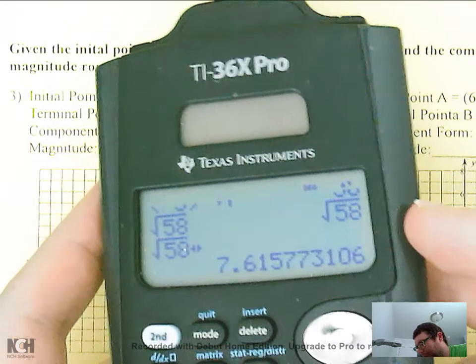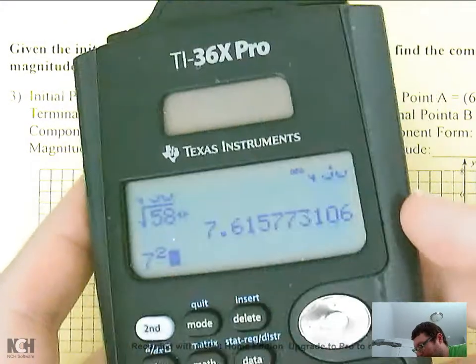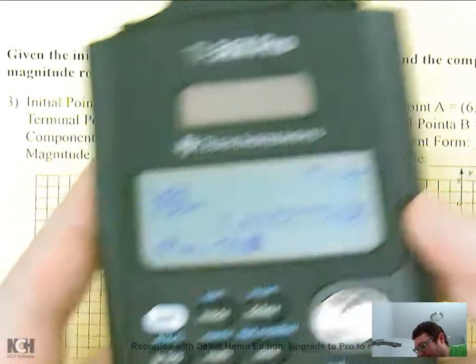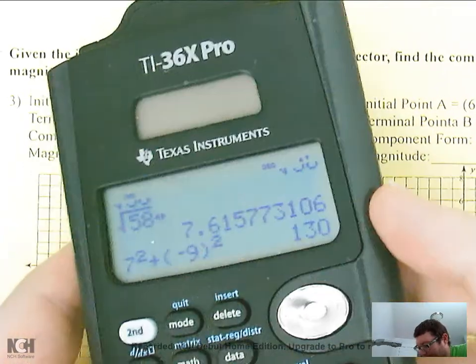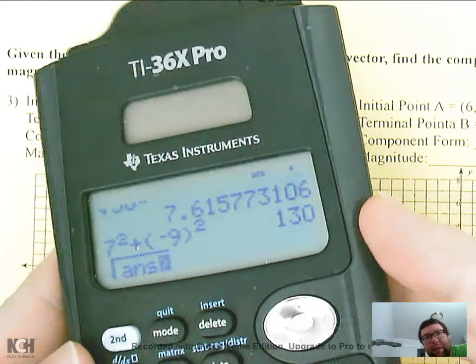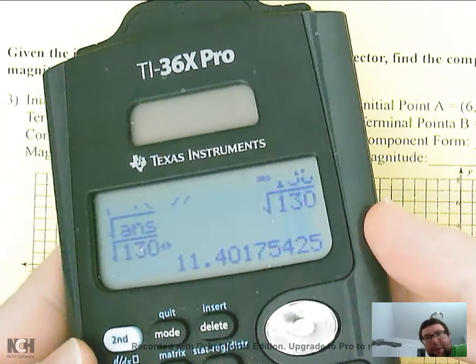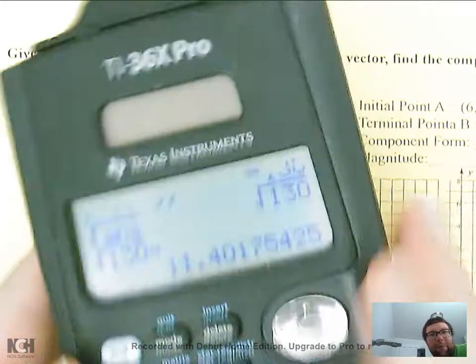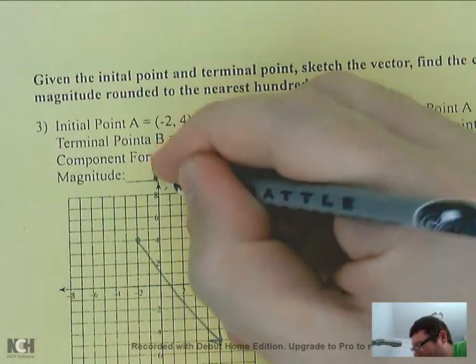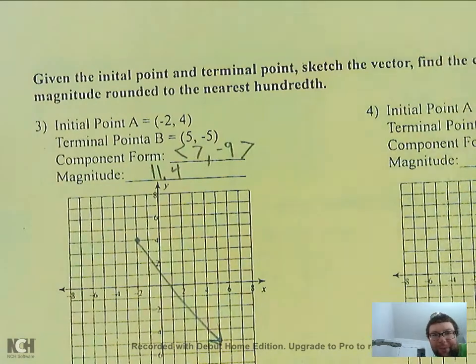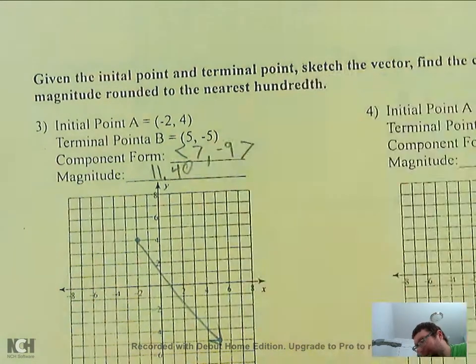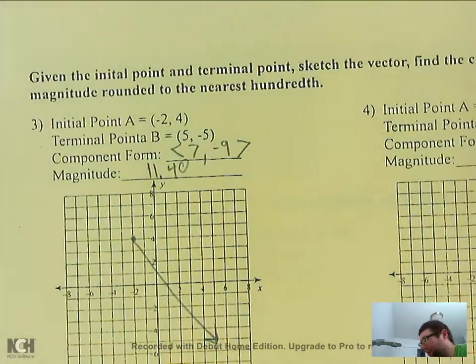So 7 squared plus -9 squared, which is 130. And then the square root of 130 is 11.40. So 11.4, because the 1 would not round up to 0. You could put the 0 there, but it's the same as 11.4.